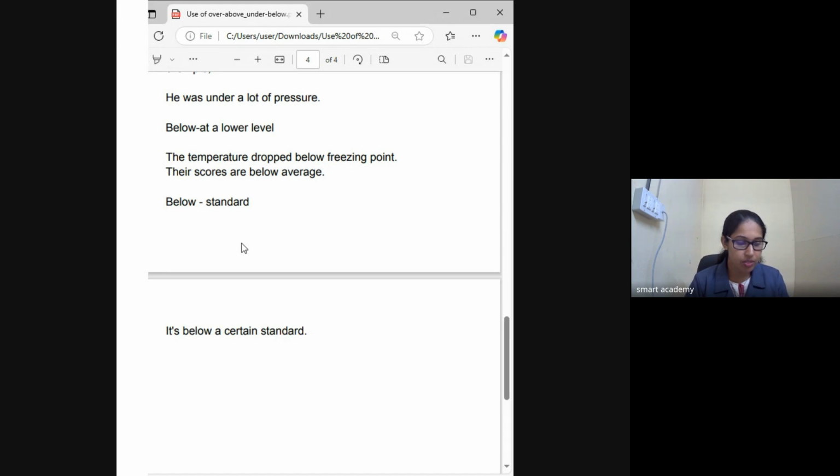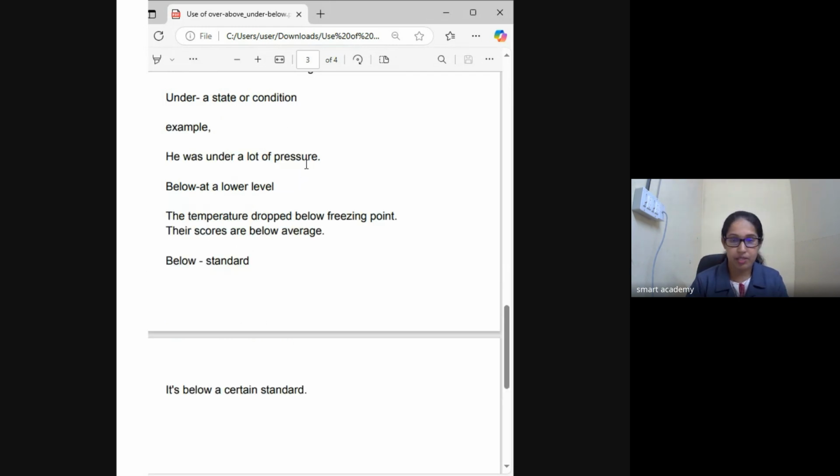Then we can say he dived below the surface of the water, here at a lower level. He dived, D-I-V-E-D, below the surface of the water.